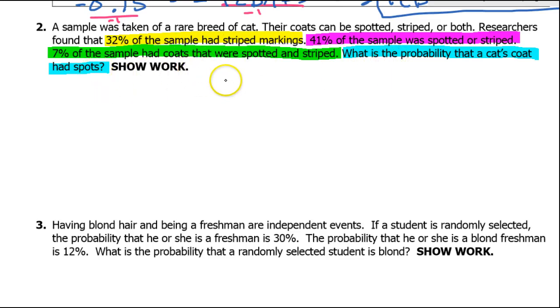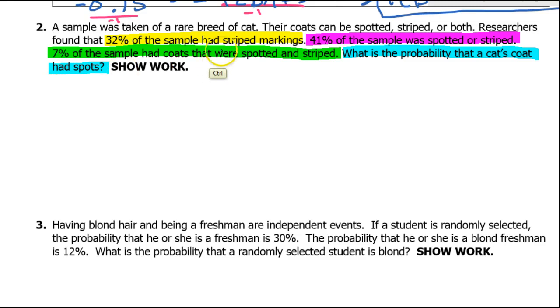So I have to think what letter I'm going to use, since striped and spots both start with S. So I think I'm just going to switch it up and do X and Y. That was bothering me. I changed my mind. I'll just use two letters.